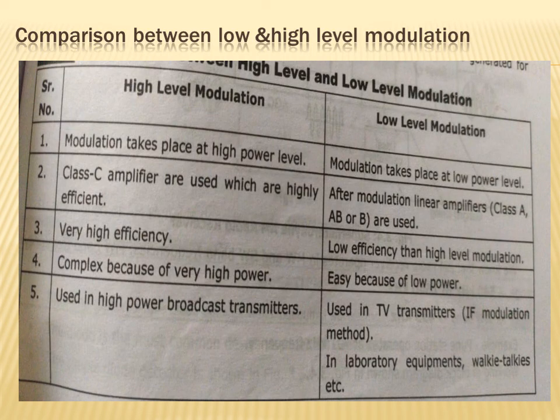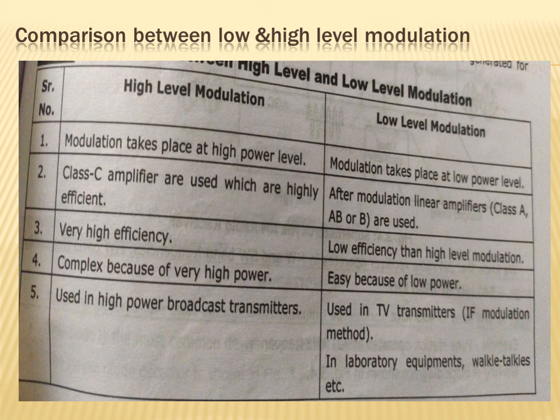Last one is the comparison between low and high level modulation. First we see the high level, then the low level. Modulation which takes place at high power is called high level modulation, whereas modulation which takes place at the low power level is called low level modulation.